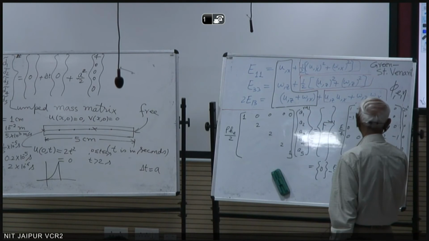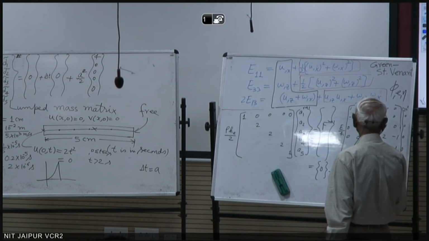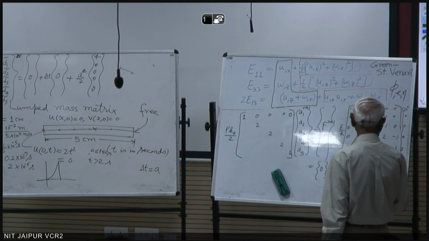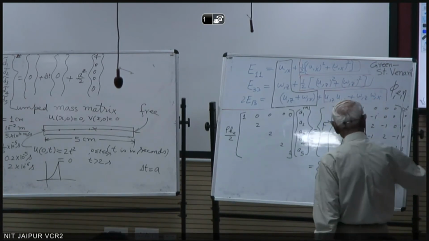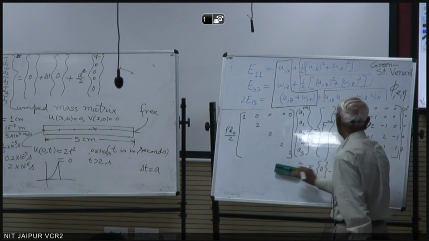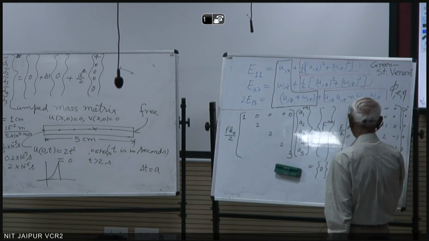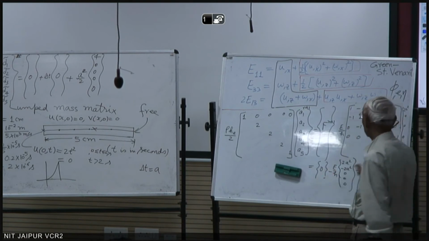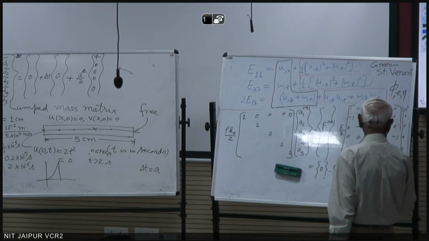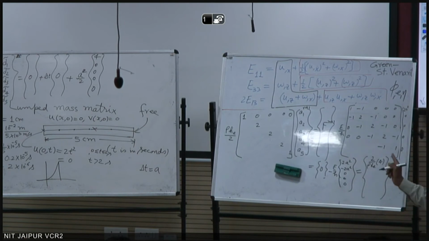So it's 2 over rho h e over h. Basically it should be 2 over h rho h e times 4 with a minus sign, because you have a minus here. So the first entry should be that.